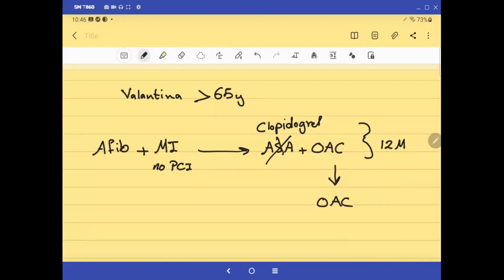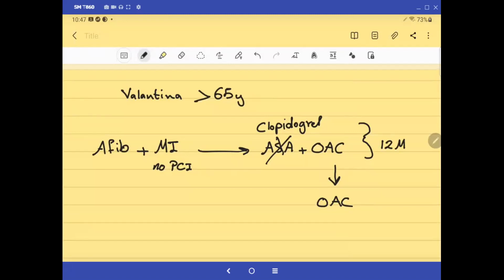We just say lifelong for now, but in practice, the doctor may stop the clopidogrel and keep the patient on oral anticoagulant for 2 or 3 years, which is still acceptable. It depends on the clinician's choice. We just say after 1 year we keep him on that or this, to make it easier for you to remember as lifelong. But you might find in practice that it's not lifelong, okay?